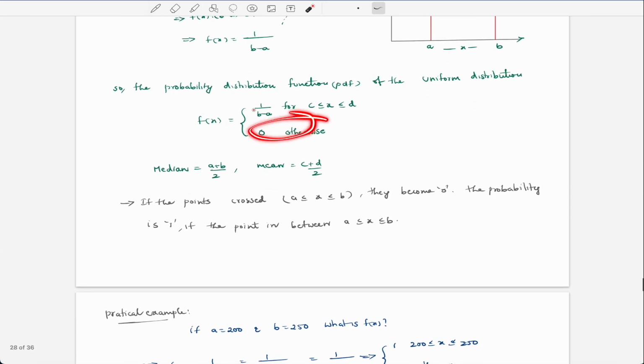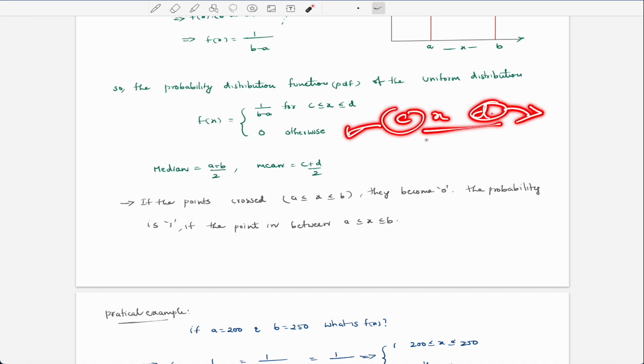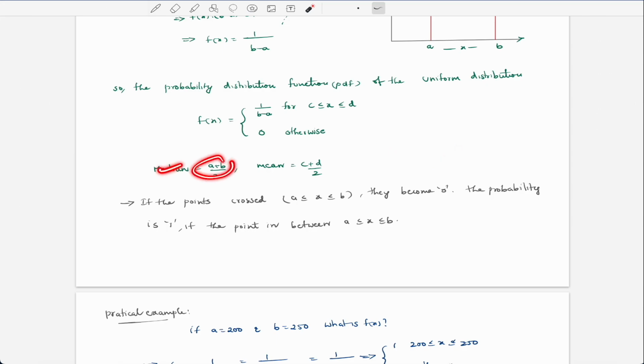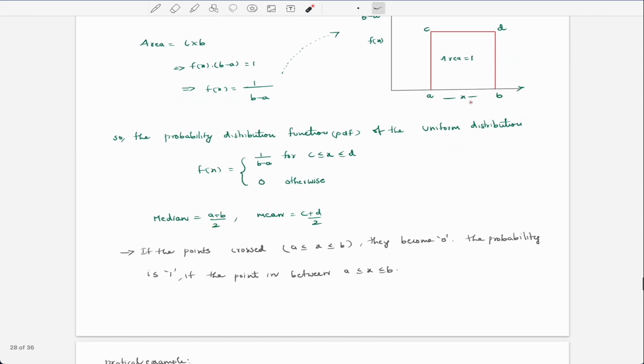Otherwise it will be 0. If the value ranges outside of this, less than c or greater than d, then it will simply be 0. Otherwise this is equal to 1 by b minus a, right? The median is a plus b by 2, and the mean is c plus d by 2.